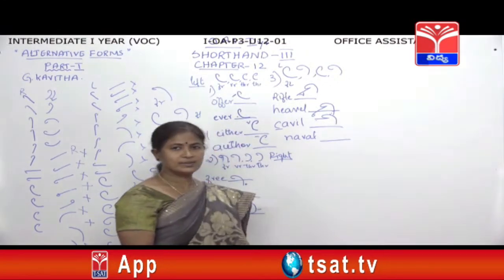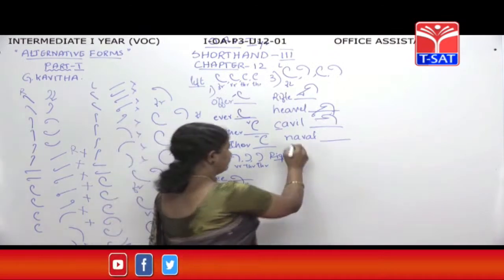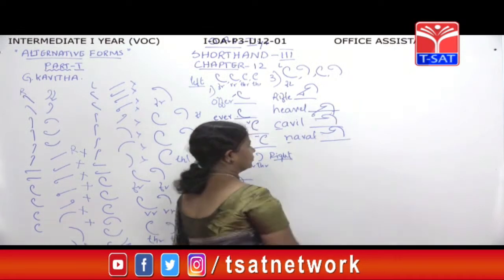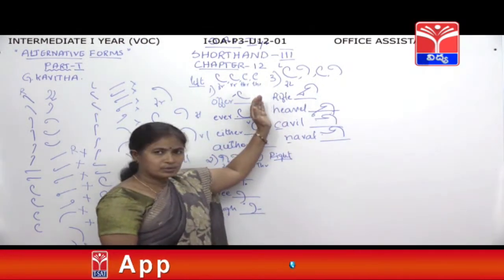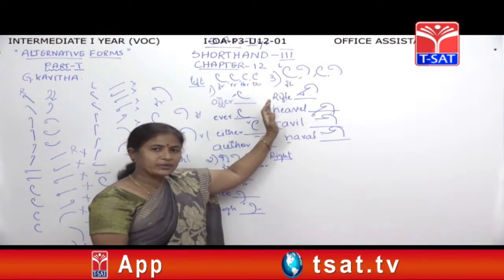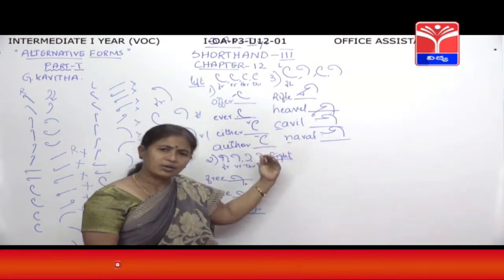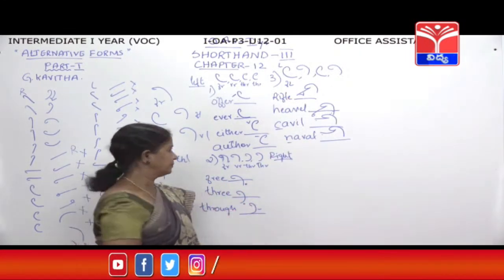N is also a horizontal, right? How do we write it? It goes towards the right side. Camel, navel. So, after horizontal strokes and straight up strokes, we use right forms of full and will. In all other remaining cases, we use left forms of full and will.